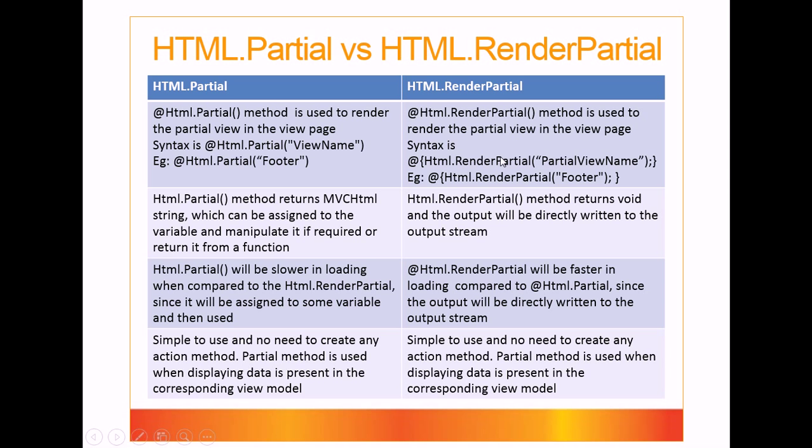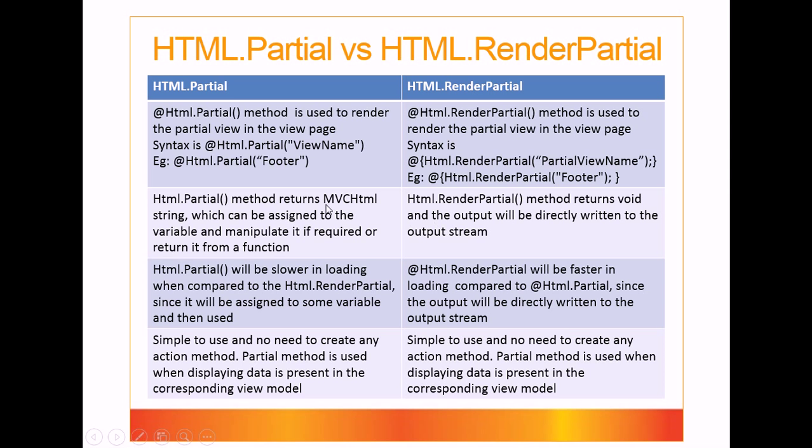So what are the differences between using Html.Partial or Html.RenderPartial? The main difference is that the Html.Partial method returns an MvcHtmlString, whereas the Html.RenderPartial method returns void.